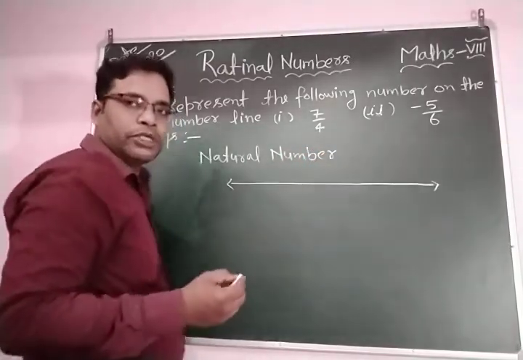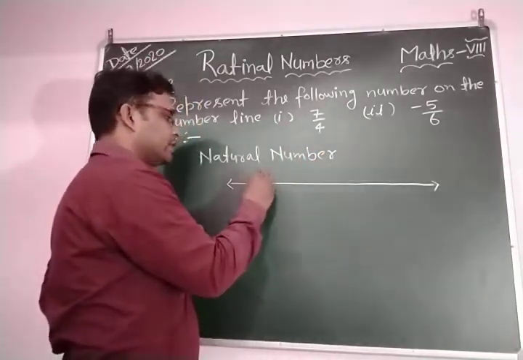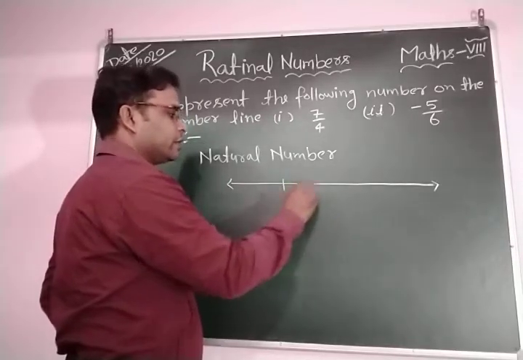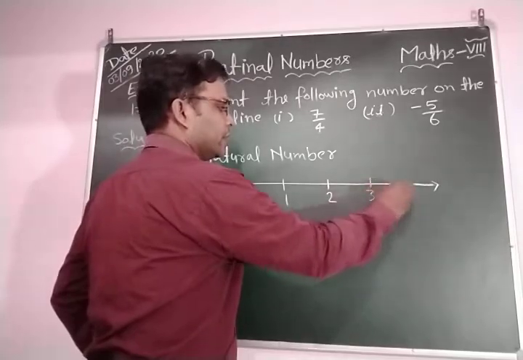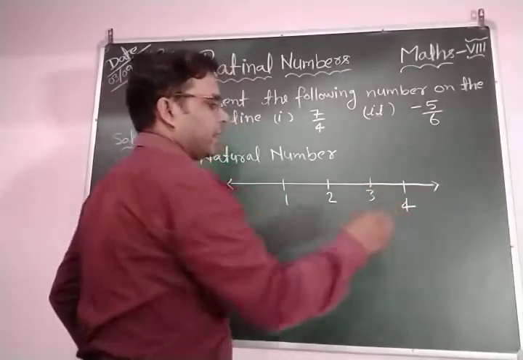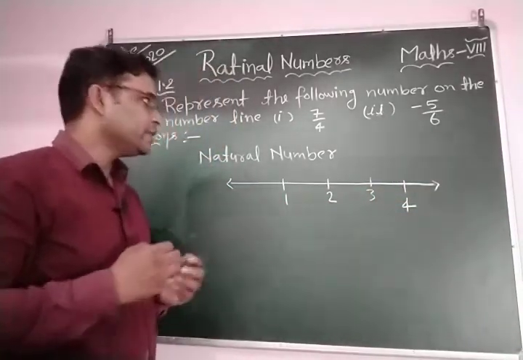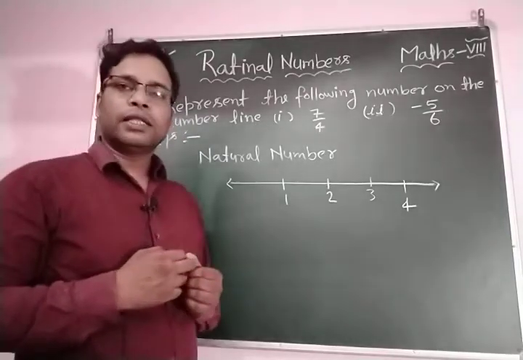Natural numbers start from 1. So you can see this is 1, 2, 3, 4 and so on. In this way you represent natural numbers on the number line.